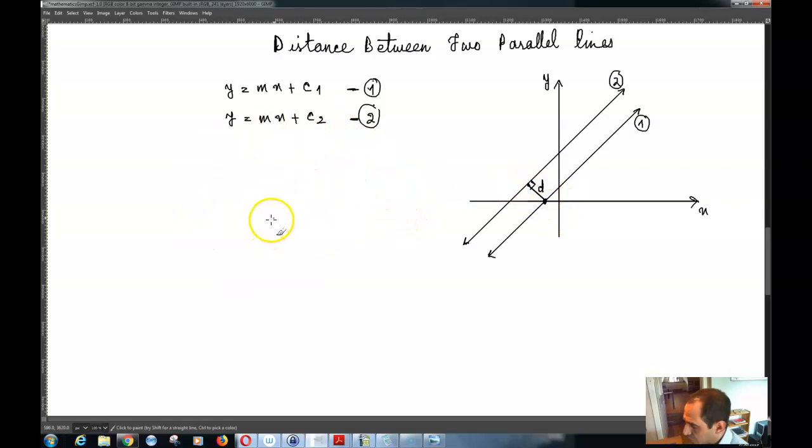concept that we derived, which was the distance of a point from a line, we said that the distance was equal to the absolute value of a times x1 plus b times y1 plus capital C, over the square root of a squared plus b squared.